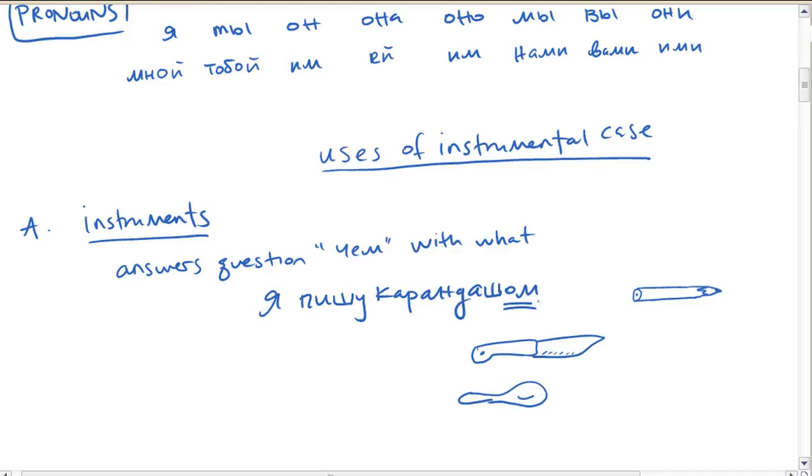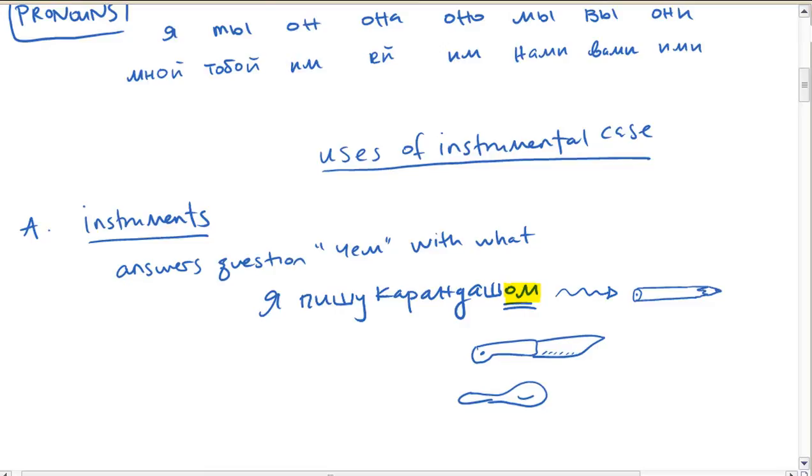Я пишу карандашом, right? I write with a pencil. So, we don't need any preposition. Just by putting the noun into the instrumental case, we're indicating that it's the instrument that's being used to do something.